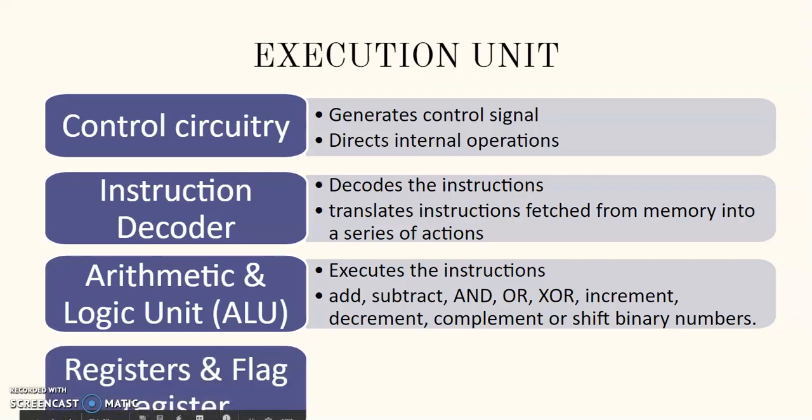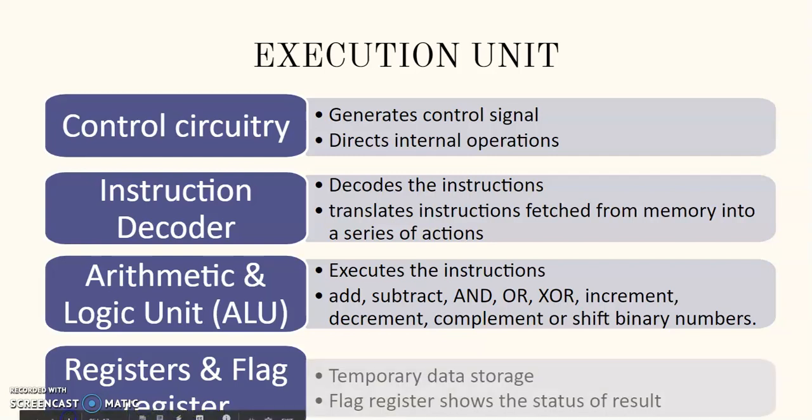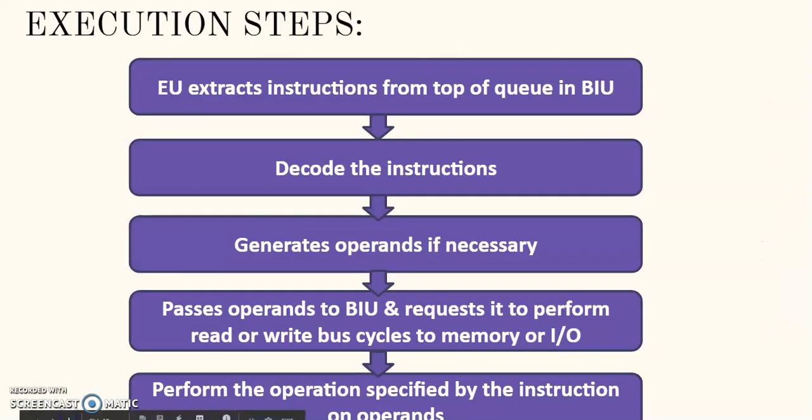Whatever result is obtained after the execution, the results are stored in a register or given to the memory, and the status of the result is reflected in the flag register. We will see this in detail in the coming lectures. So basically registers are used for temporary data storage and the flag register shows the status of the result.